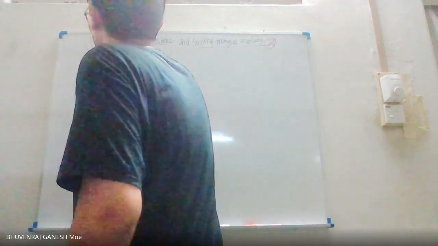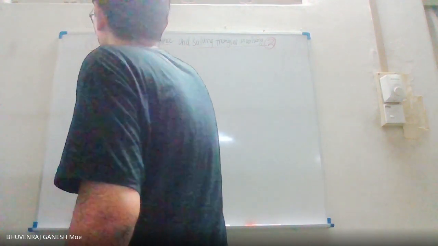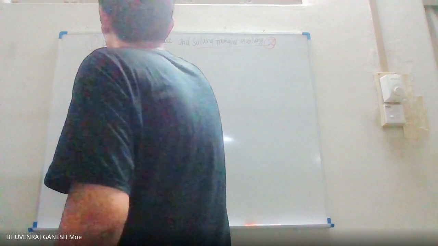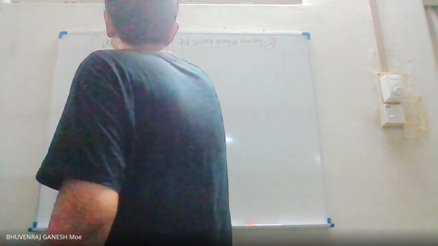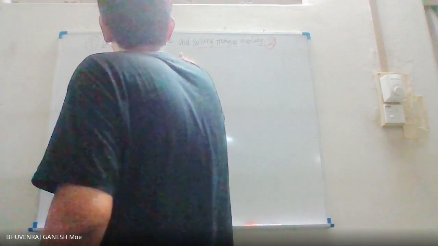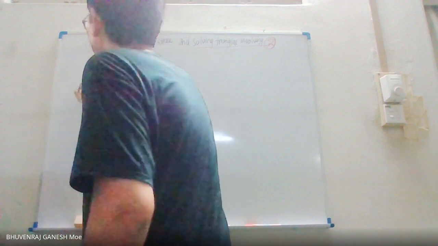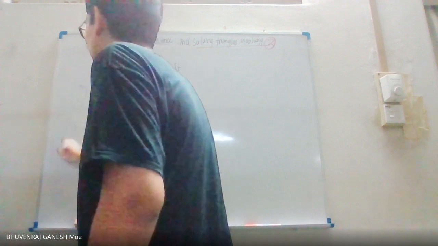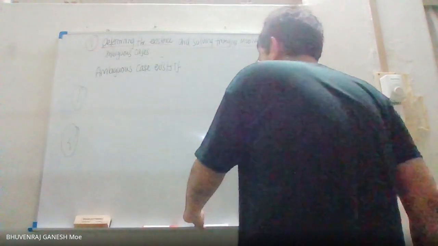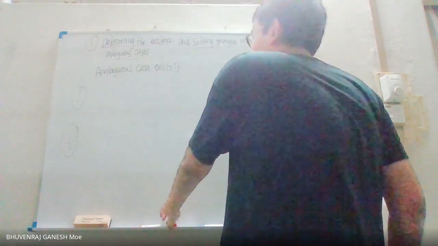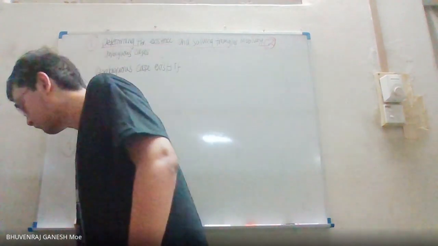So now it's the theory. An ambiguous case exists if: so one condition, two conditions. You need to check these two things in a given triangle before you can say that an ambiguous case exists or not.